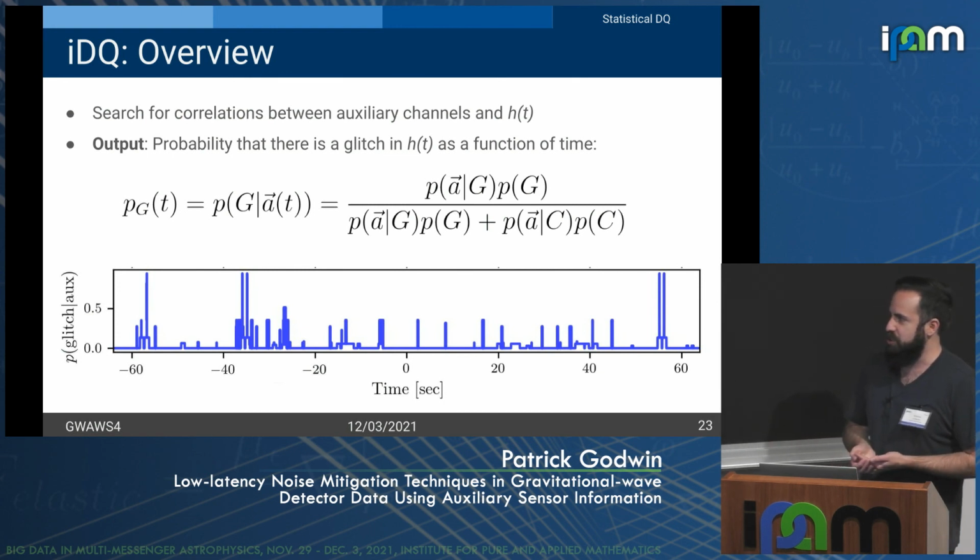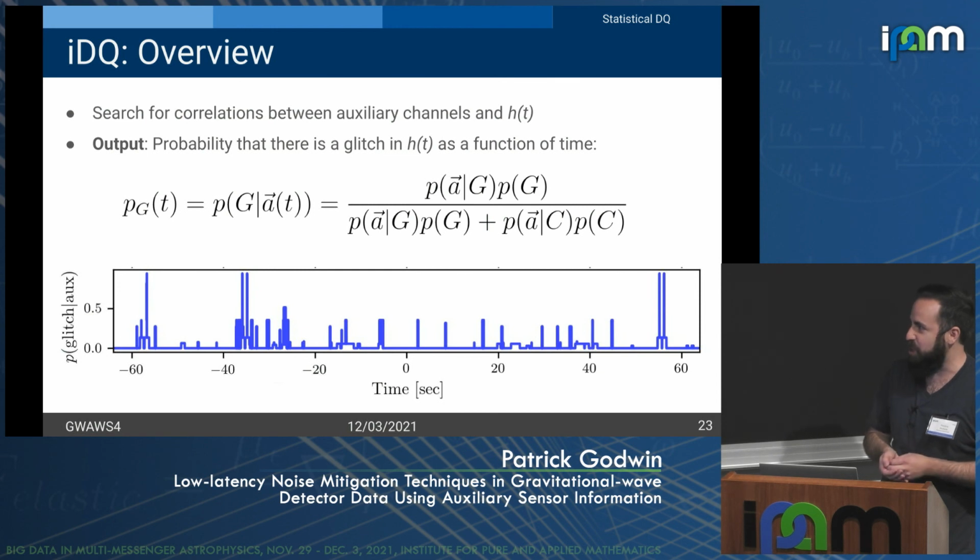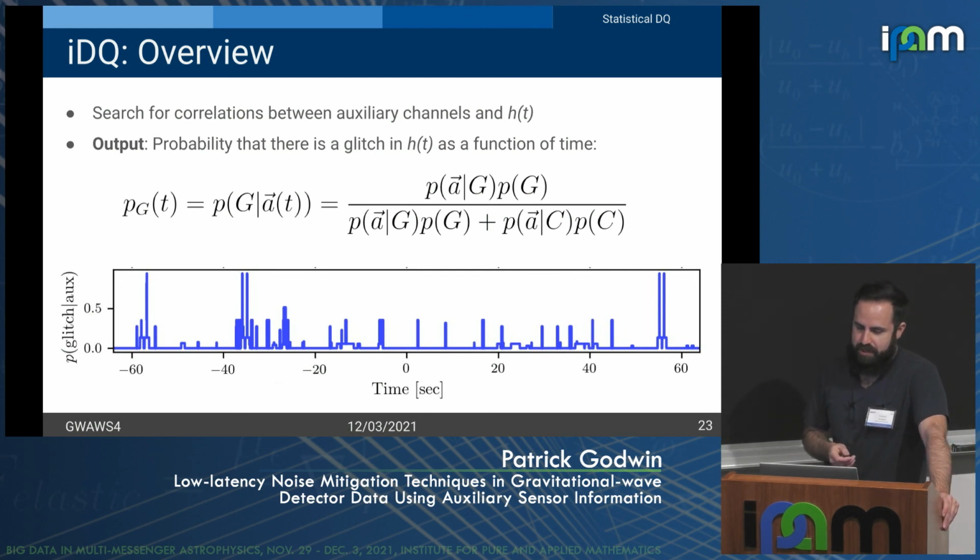So we pose this as a two-class classification problem in which we have glitches, denoted by G, or not glitches, or cleans, denoted by the capital C here. This is the posterior probability, and then we rewrite this through Bayes' theorem in terms of the priors P(G) and P(C), and the likelihoods P(A|G) and P(A|C), where the vector A is the feature vector that we're feeding into this.